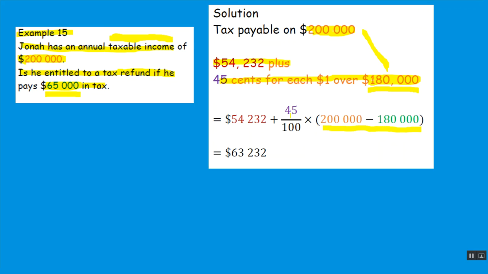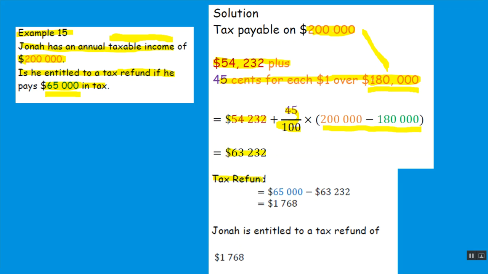We multiply that by 45%, or 45 cents over 100 cents in the dollar, and add on this part of the table. But this part of the table, the 54,232, is how much tax should be paid on $180,000. So in total, this is how much Jonah should have paid.